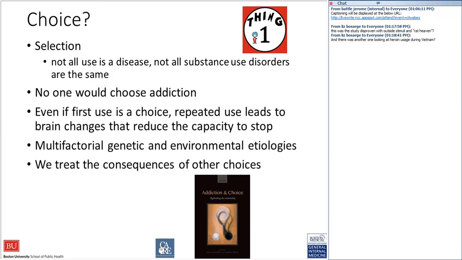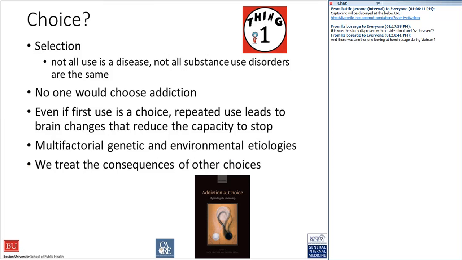So what about choice? Well, first of all, not all use of substances is a disease. We talked about that. And not all substance use disorders are the same. And everybody who's ever met anyone who really suffers from addiction knows that nobody would choose to be in that circumstance. So it can't simply be a choice. And even if the first use is a choice, repeated use leads to brain changes that reduce the capacity to stop.